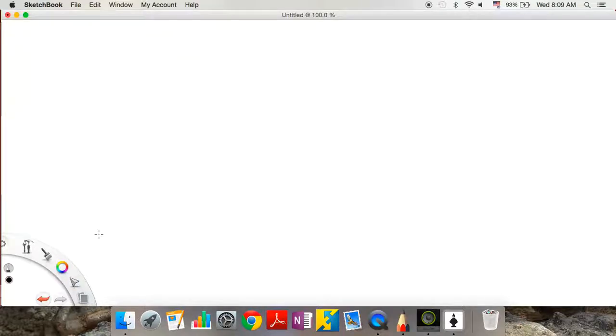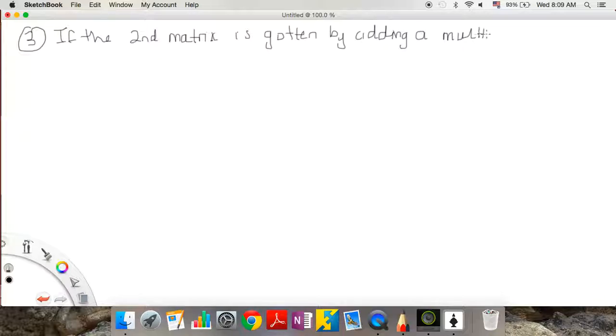Now, the third property that you need to know is if the second matrix is gotten by adding a multiple of one row of the first to another, then the determinants are equal.